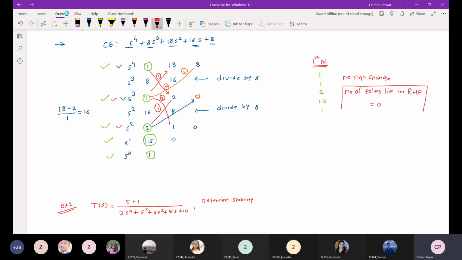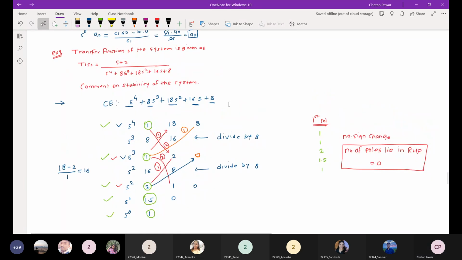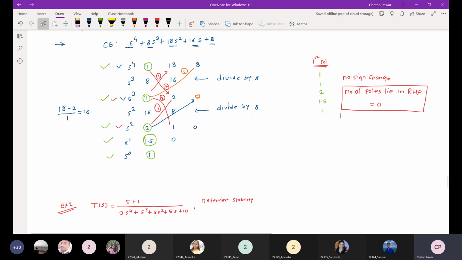So can you determine the system stability now? Is this a stable or unstable system? It is a stable system, right?